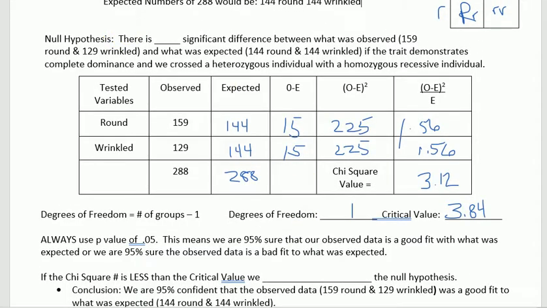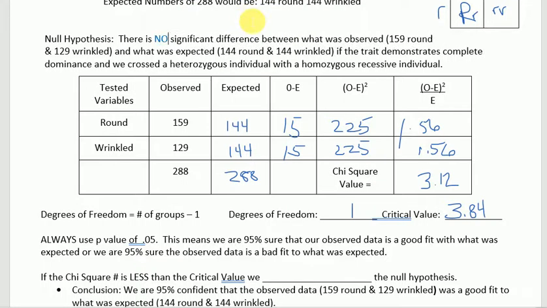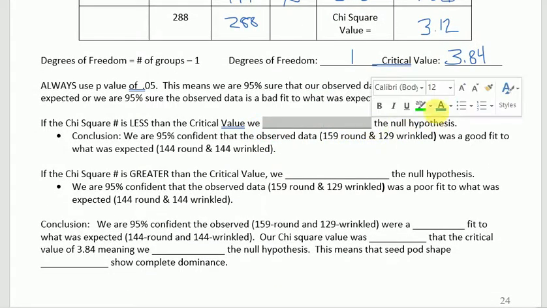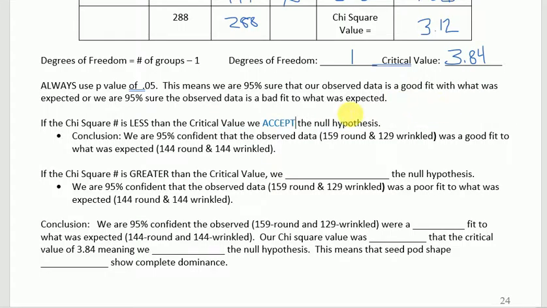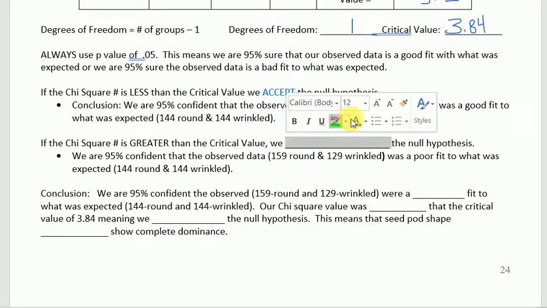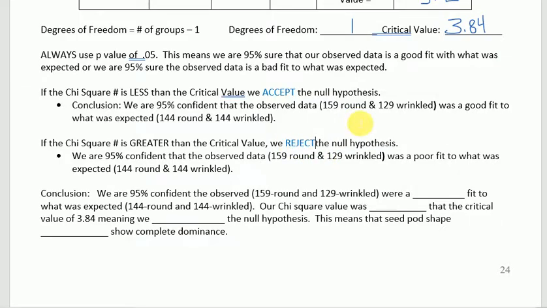So our null hypothesis, we are going to say that there is no significant difference between what was observed and what was expected. So since the chi-square value is less than the critical value, we are going to accept the null hypothesis because we are 95% confident that the observed data was a good fit to what was expected. If, remember, the chi-square number is greater than the critical value, then we would reject that hypothesis.